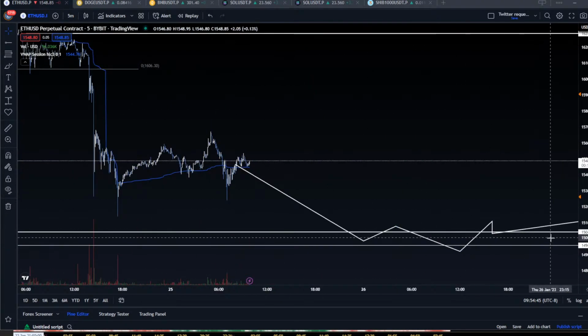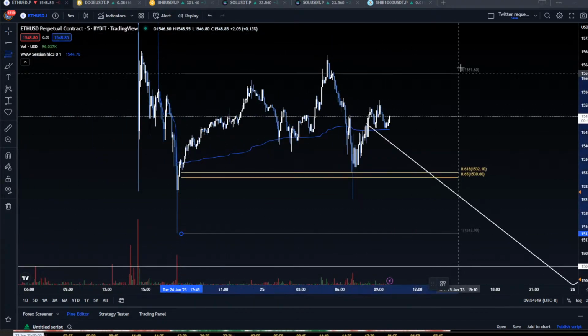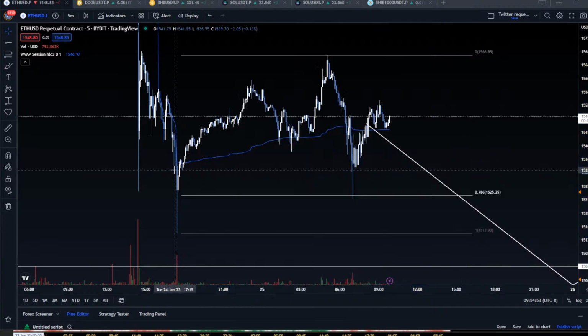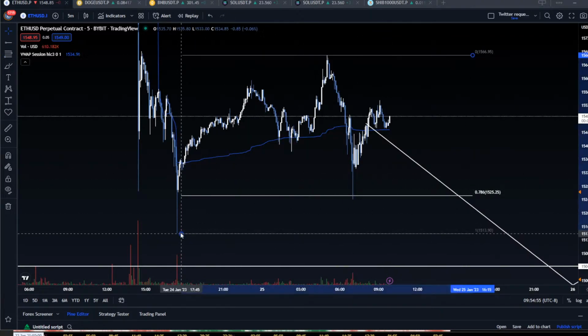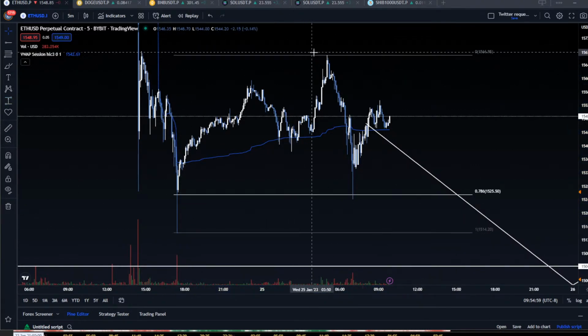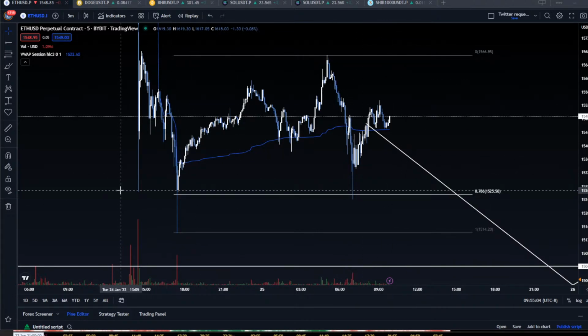We can even go down to this move. We'll probably find, alts love the 786, by the way. So price moves up, makes a new high about 3.5% away, comes down and then taps the 786 for another impulse, which is also a retest of this previous low.